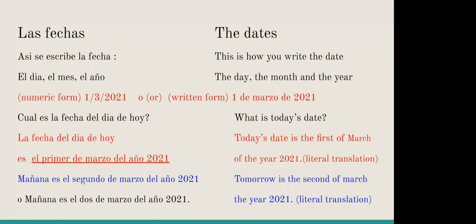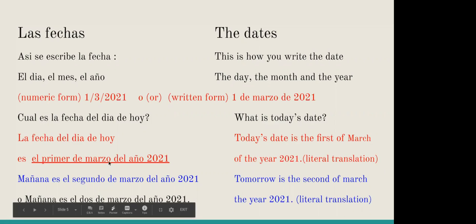Ok, so la fecha del día de hoy es el 3 de marzo de 2021, right? Or you could also write it out. This is the full written out form. Del año 2021.